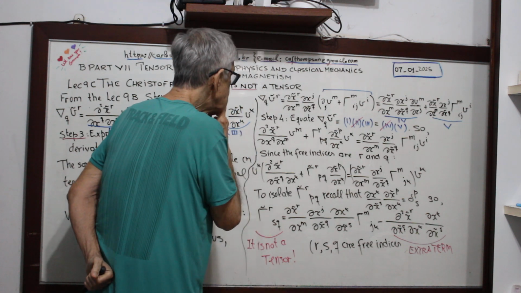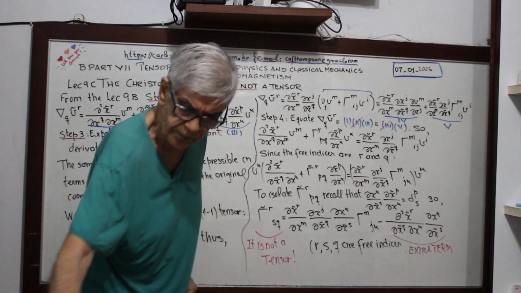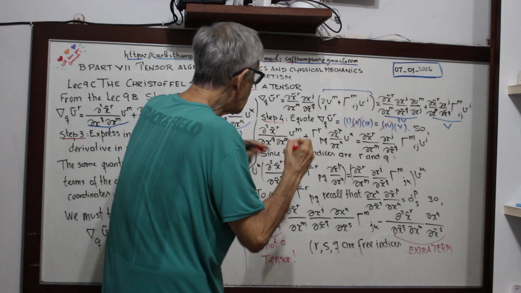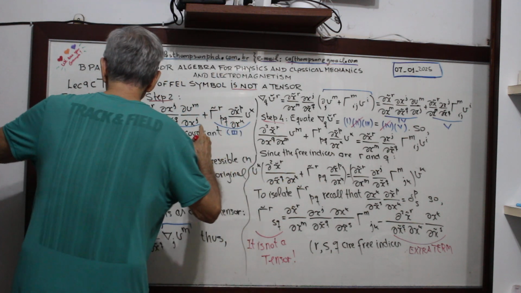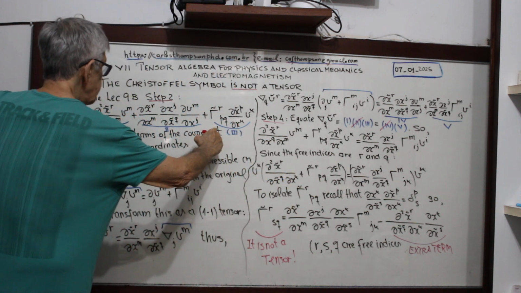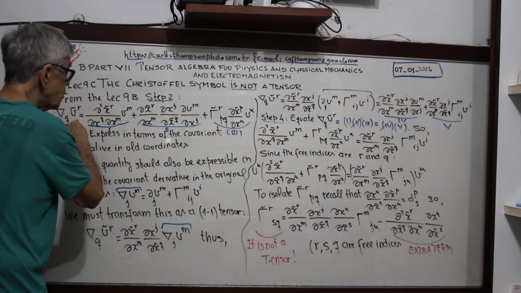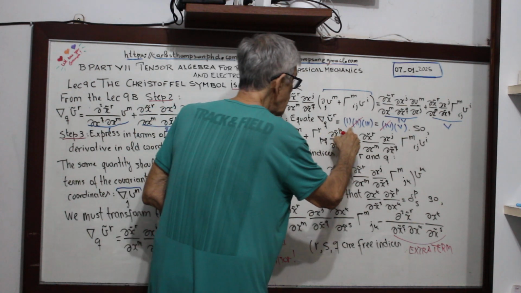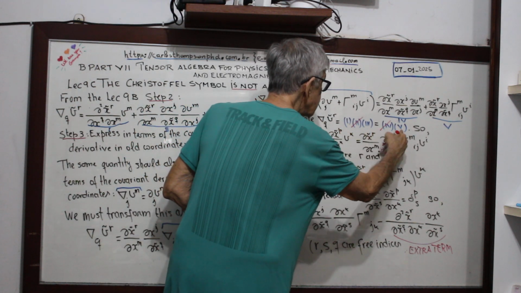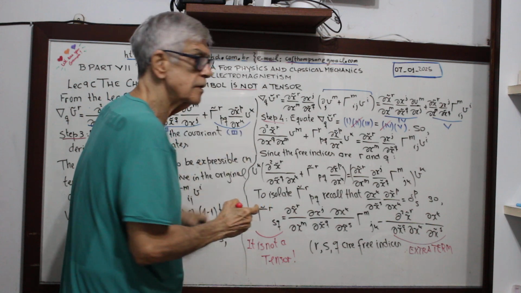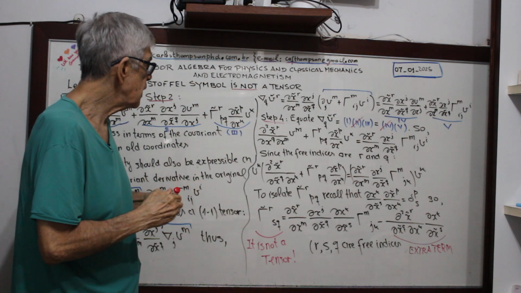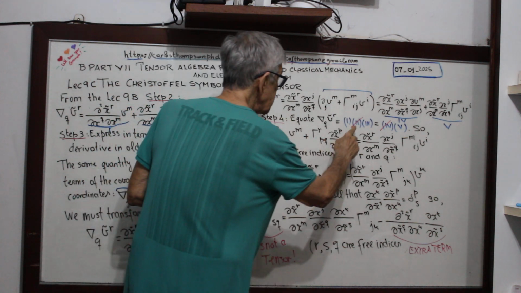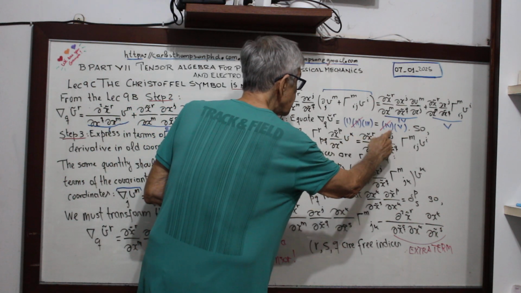Now, attention, this is step 4, that I'll write here. We equate this relation over here with this one over here. So terms 1, 2, 3 are equal to 4 and 5. You are equating these two terms. If you do this, I can see that term 2 cancels with term 4.